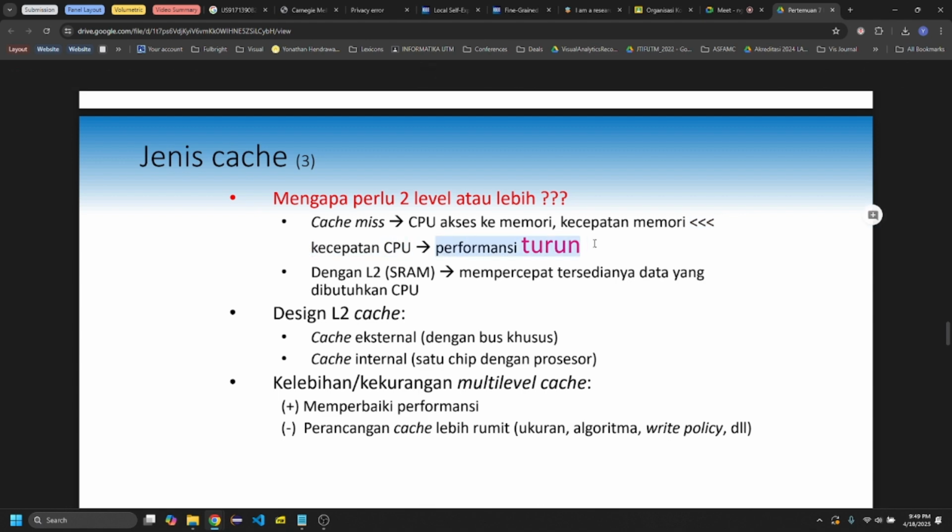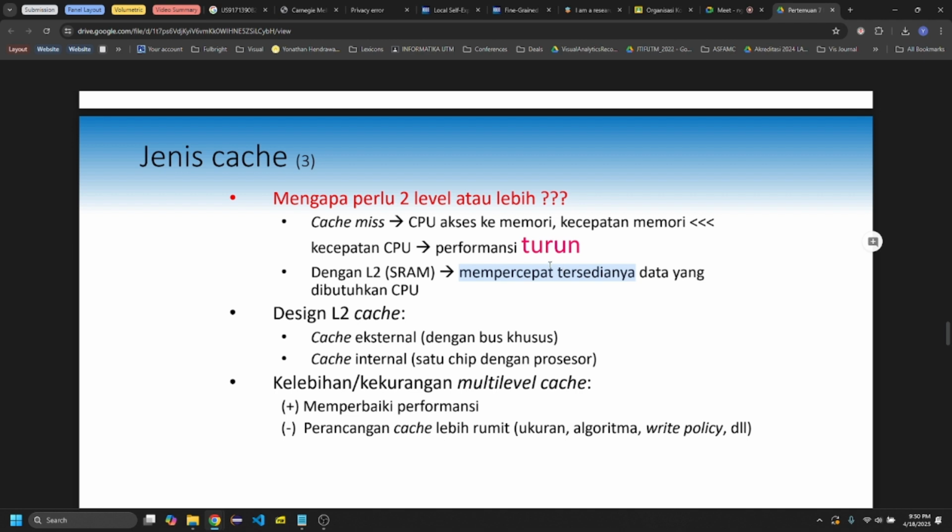Means the performance will go down. If we have L2 level 2 cache using SRAM, then it will make the data transfer faster. So if the L1 doesn't have the data which is needed by the CPU, it can ask the L2 first before it accesses the main memory. If L2 has the data, then it's just transferred to L1, and then L1 to the CPU.